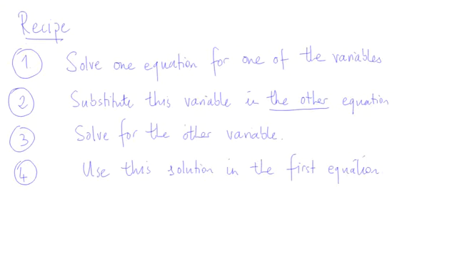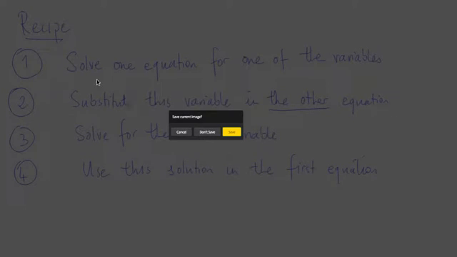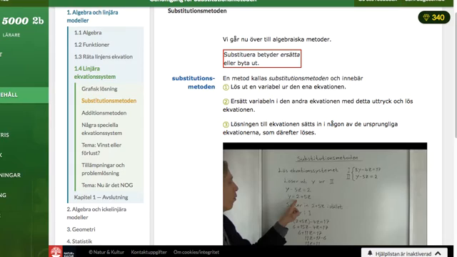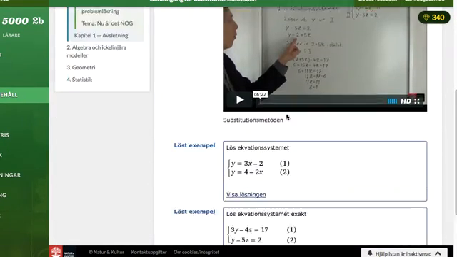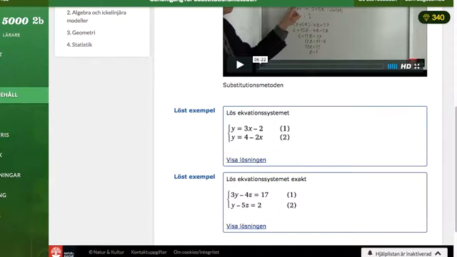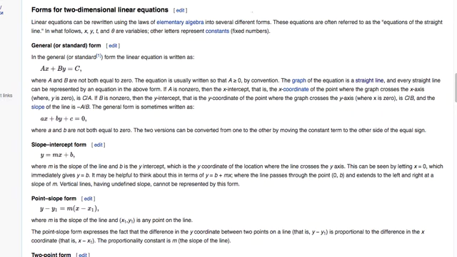Let's take an example. So we have to solve the set of simultaneous equations y equals 3x minus 2, y equals 4 minus 2x.